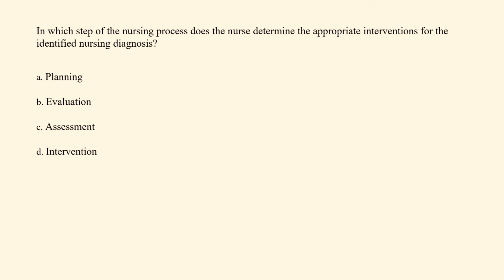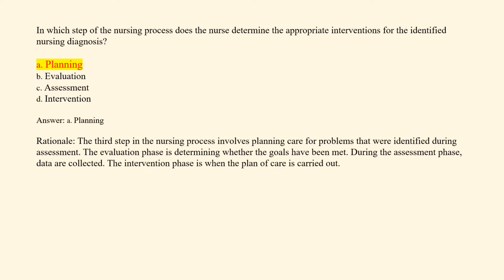In which step of the nursing process does the nurse determine the appropriate interventions for the identified nursing diagnosis? A. Planning. B. Evaluation. C. Assessment. D. Intervention. Answer.